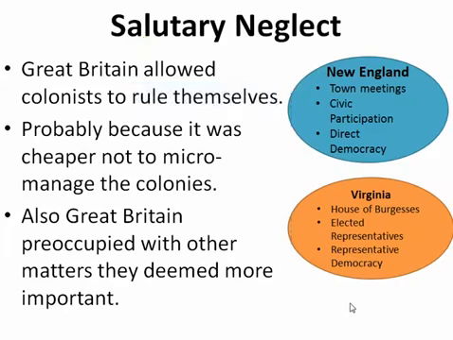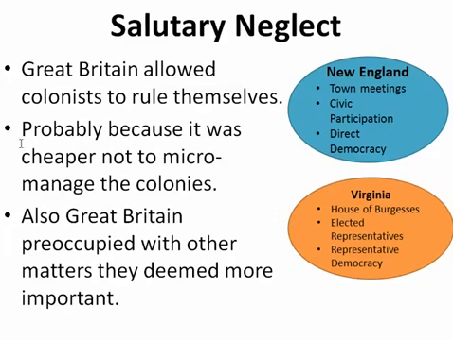When Great Britain allowed them to rule themselves, the reasons are far and wide. Probably because it's cheaper not to micromanage colonies. Paying the tax collectors, paying people was one of the things the colonies paid for, the tax collectors who were here from Great Britain.